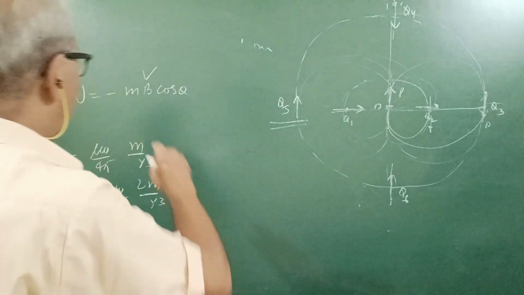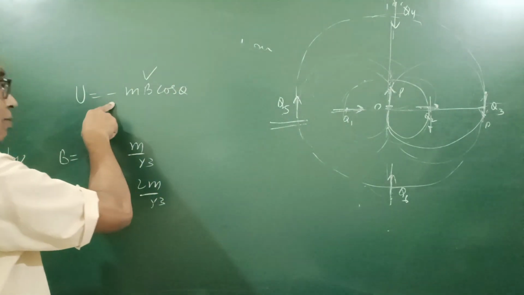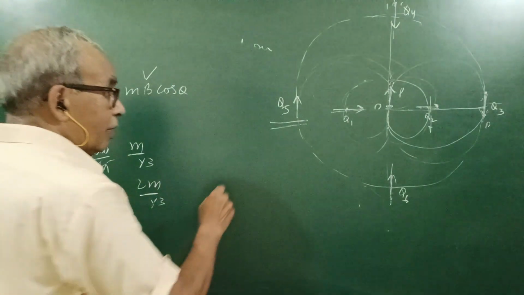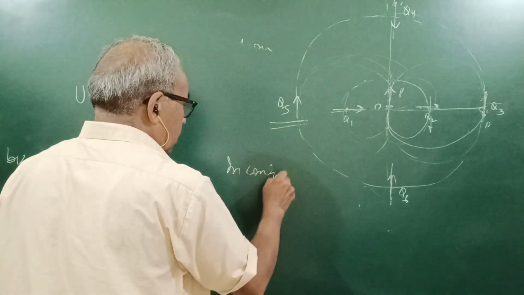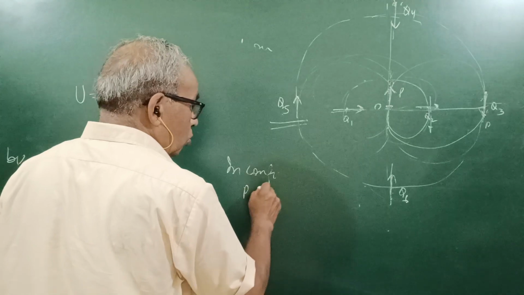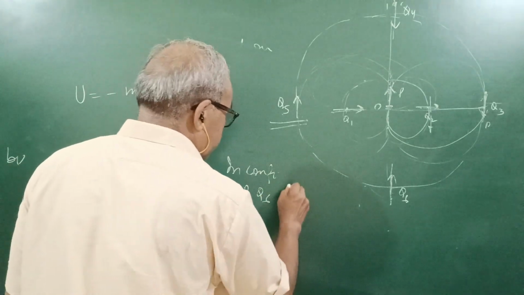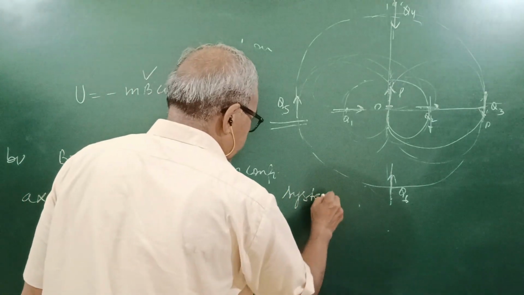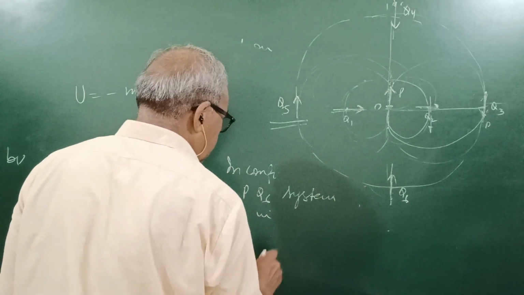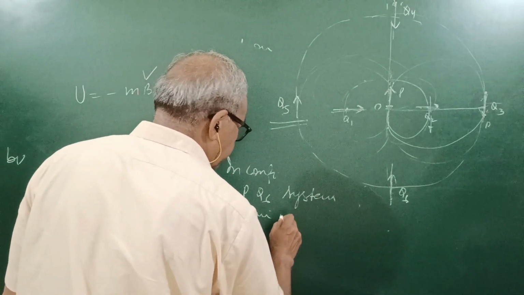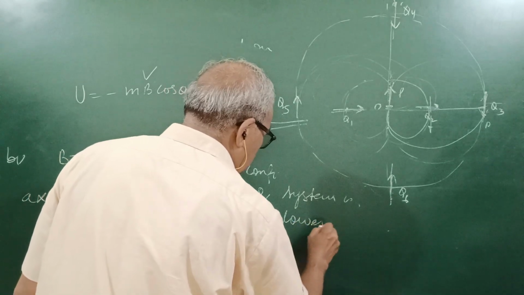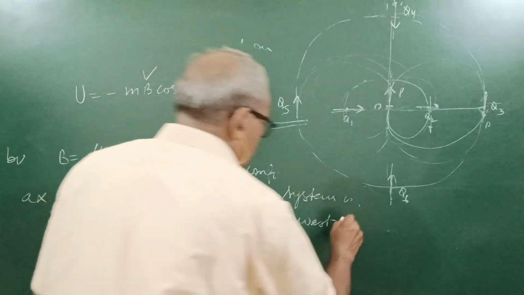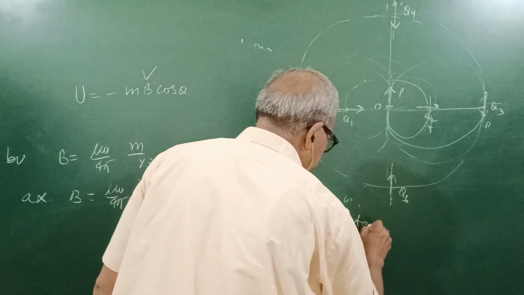So if B gets increased, the negative value increases, and therefore in configuration PQ6 the system is in the lowest potential energy state.